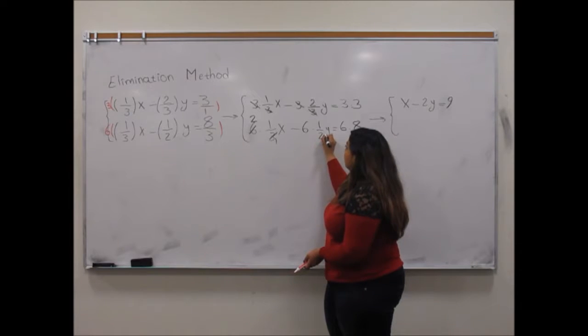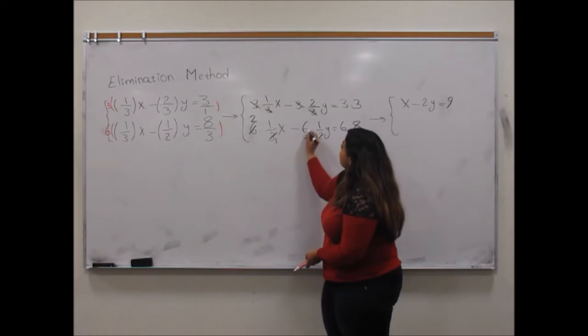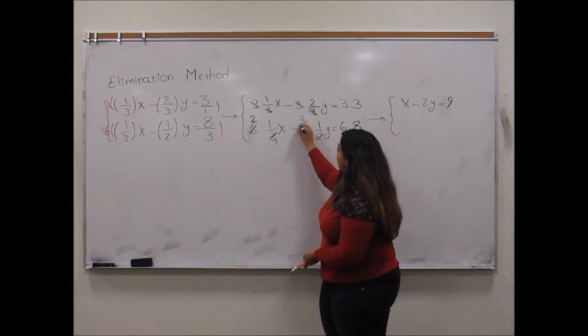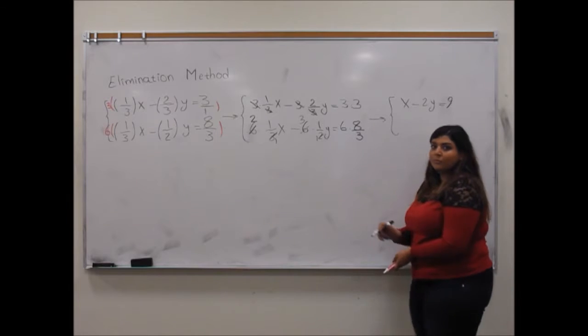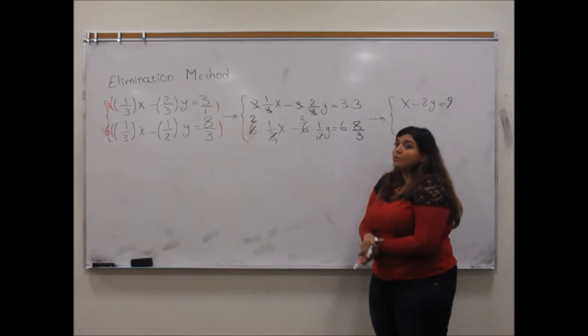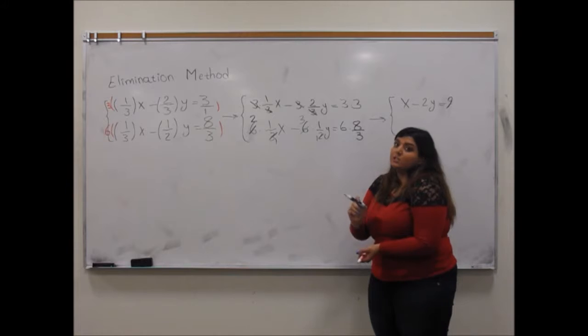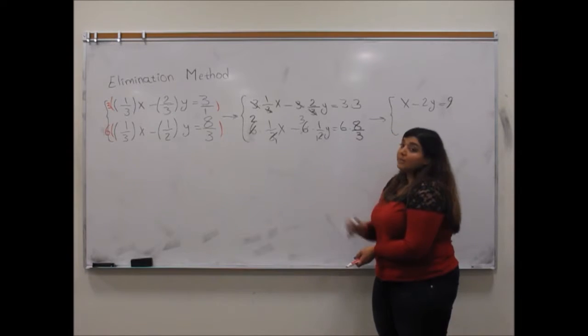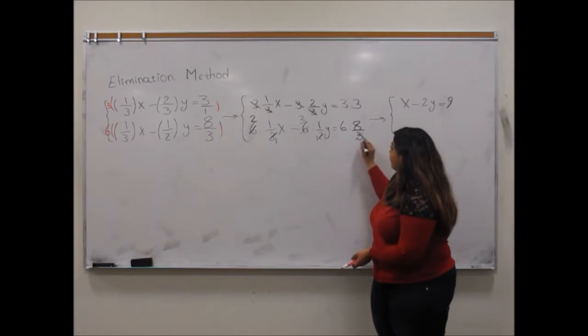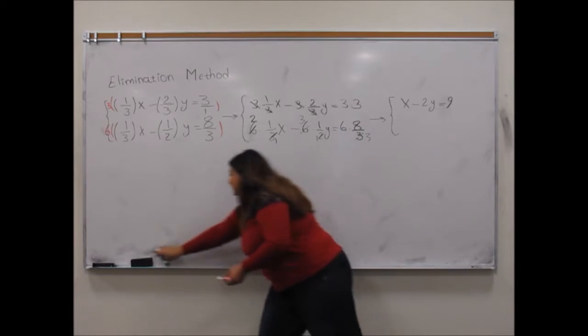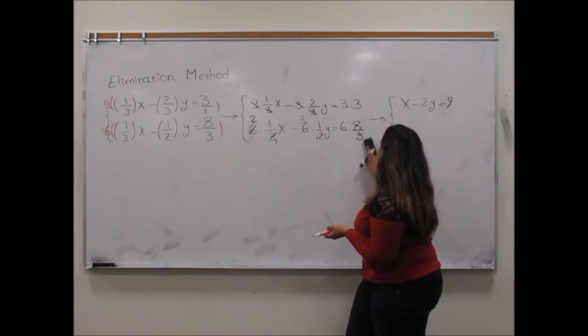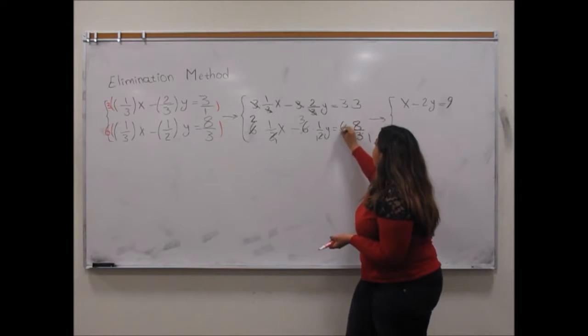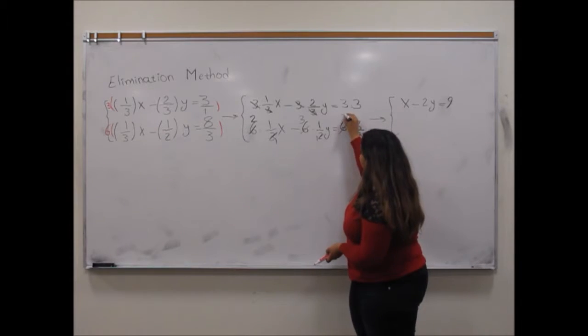Here, divide 2 by 2 is going to give me 1, 6 by 2 is going to give me 3. These two, we can simplify them or reduce them more by dividing both by 3. So the 3 divided by 3 is just 1. And 6 divided by 3 is 2.